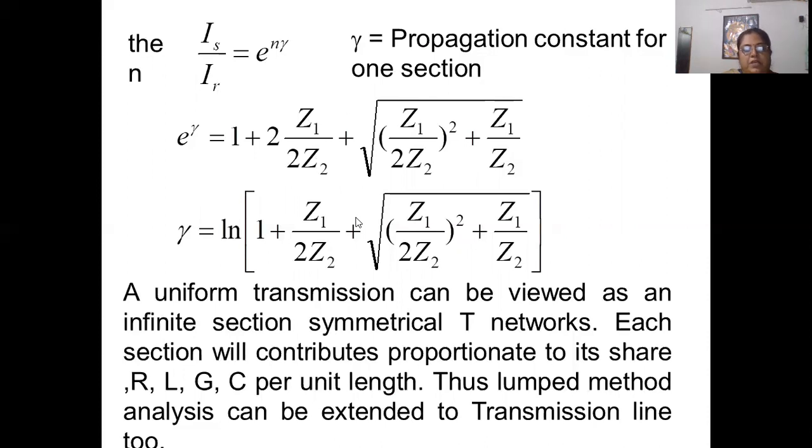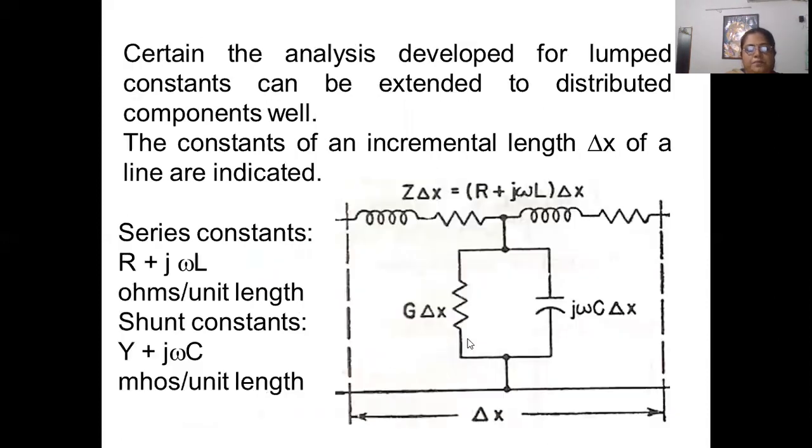A uniform transmission line can be viewed as an infinite number of symmetrical T networks. Each section will contribute in proportion to its share of RLGC per unit length. Thus, lumped methods of analysis can be extended to the transmission line too. The analysis developed for lumped constants can be extended to distributed elements.